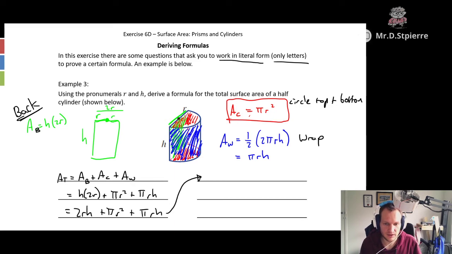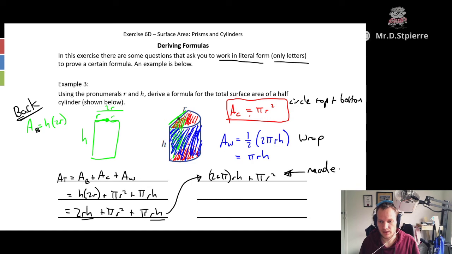Can we simplify this at all? Well, we have an RH and an RH. Now, pi looks like a symbol, but pi is just a number. So we've got 2 RHs plus pi RHs. Factorizing this way is much of a muchness, but we could say we have (2 plus pi) RH plus pi R squared. And done. That's our formula. We've made our own formula.